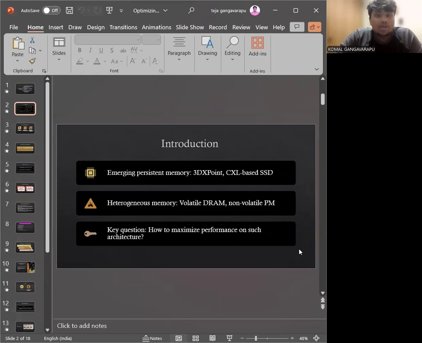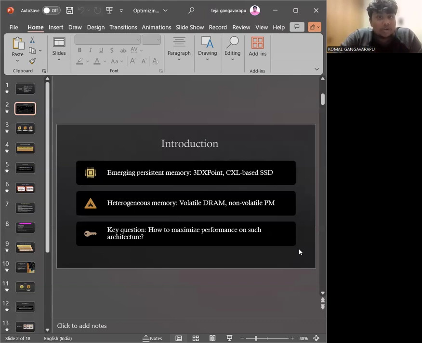The outline also covers heterogeneous memory, encompassing both non-volatile persistent memory, usually called PM for short, and volatile DRAM. While non-volatile PM maintains data without power, it typically has a lower, slower access speed than the DRAM.